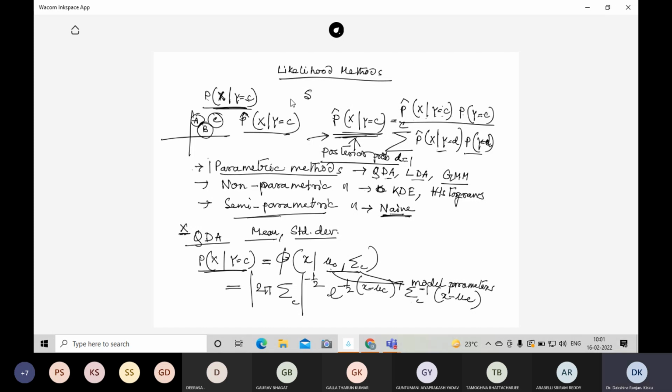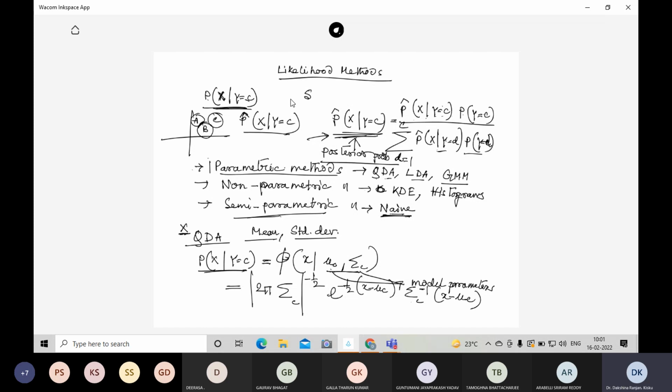Now in case of Bayes classifier and Naïve Bayes classifier, we have observed that when we estimate the risk function, we need to minimize that risk function.